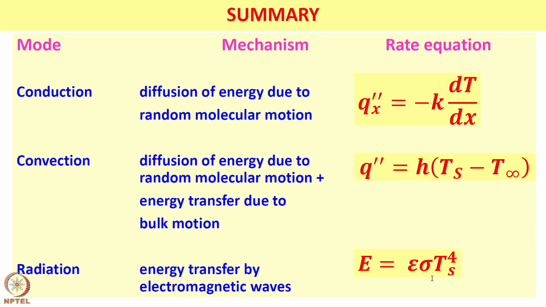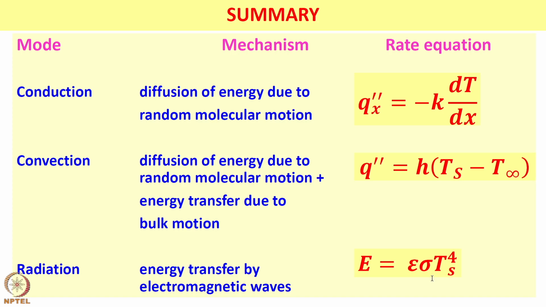Okay, so, this was the basic, and we also understood that when you have pure natural convection, radiation cannot be neglected. We saw a numerical example where radiation contributed about 40% of the total heat transfer, even though the temperature difference for the heat transfer was around 10 degrees centigrade.